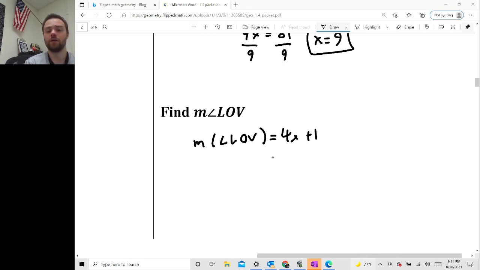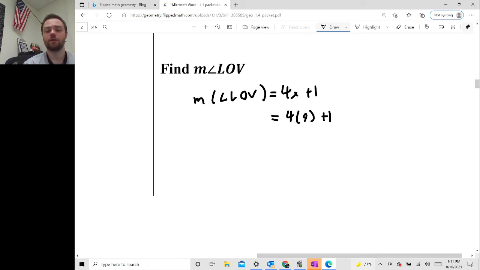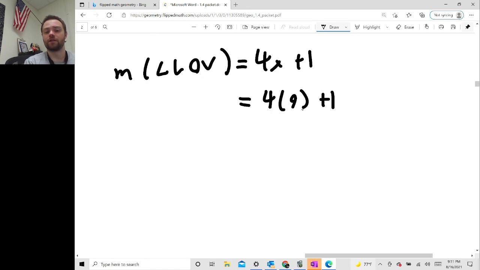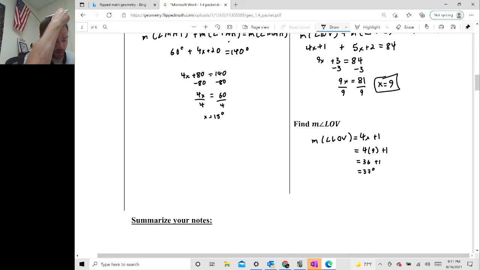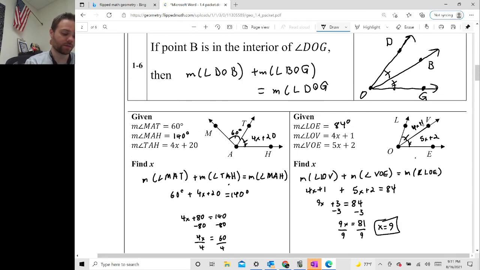So I know since x is 9, I've got 4 times 9 plus 1. So that's substitution. 4 times 9 is going to be 36 plus 1, which is 37 degrees. Okay? So any way you spin it, you can start to figure some of this out. 37 degrees is LOV, so this is equal to 37 degrees.